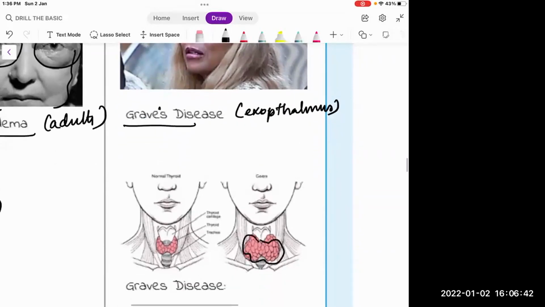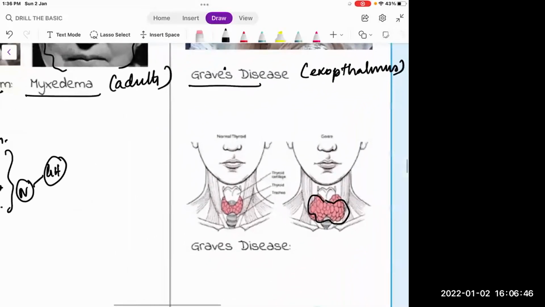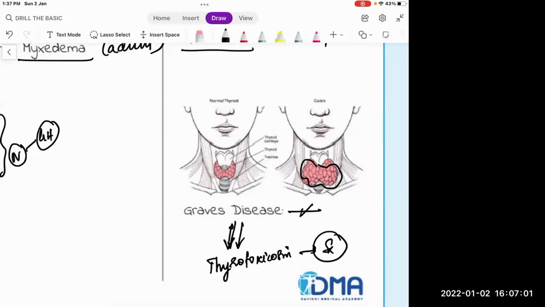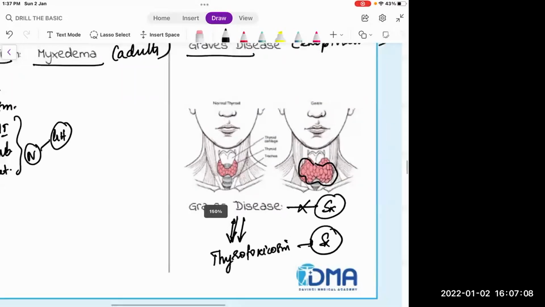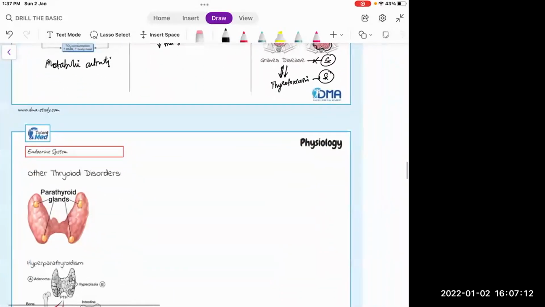But most probably, the person will remain symptomless. If this remains for a long period of time, Graves' disease leads to thyrotoxicosis, where you will produce all the symptoms. Whereas in Graves' disease, mostly it will be symptomless. Okay, clear? So this is a small introduction about thyroid disorders.